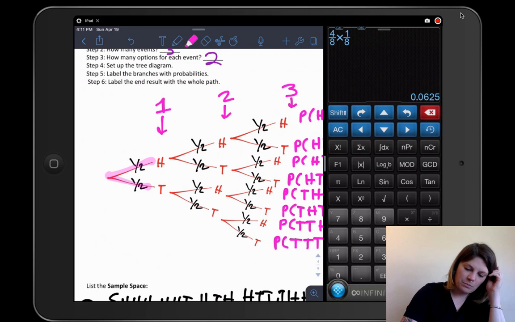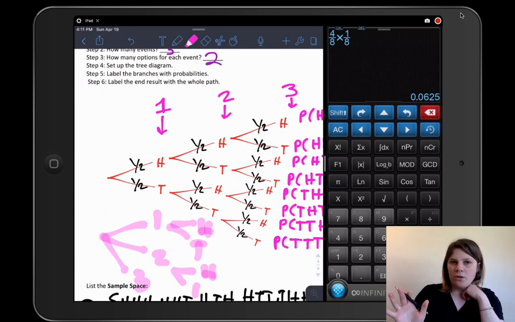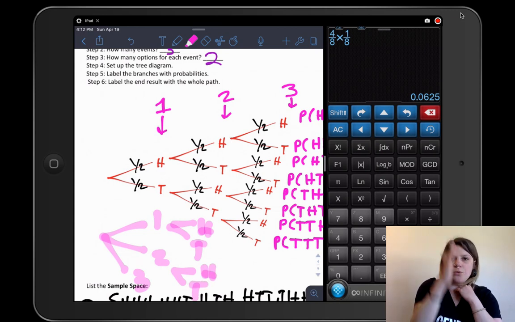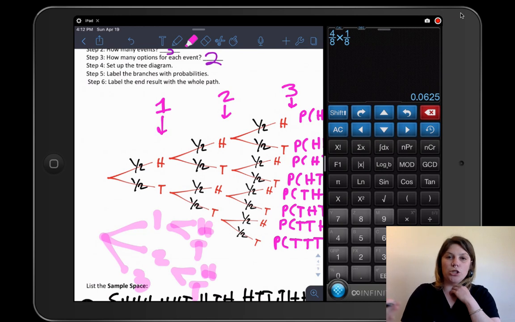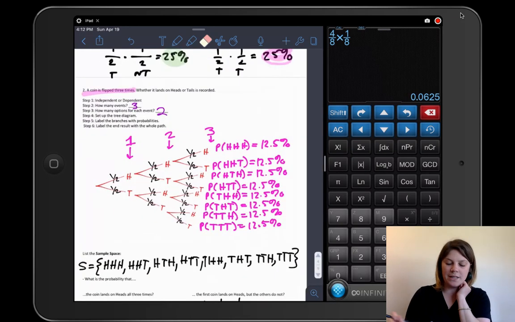And some students get confused. They might go, okay, this is my first, my second, my third event. And then they go, okay, then it's HT, then it's HT. No. Each event gets its own column and each choice gets its own branch. So make sure that you did your tree diagram correctly on this.